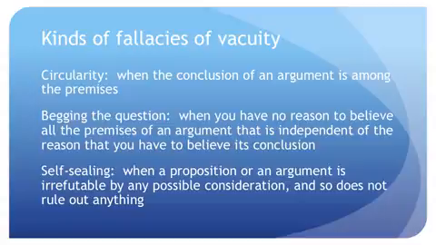Another broader kind of fallacy of vacuity, and by broader I mean this kind of fallacy of vacuity includes circularity as a subspecies, is what's called begging the question. Begging the question is when an argument has the following feature. In order to be reasonable in believing the premises of that argument, you already have to have a good reason for believing the conclusion.